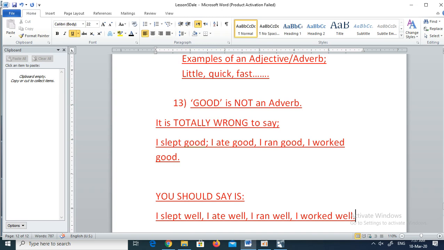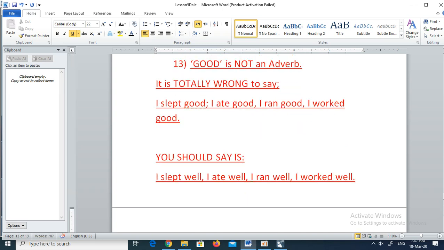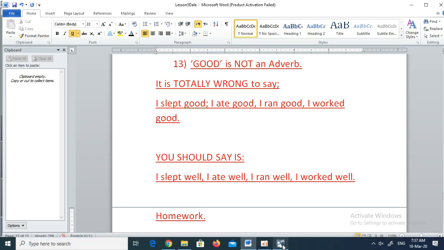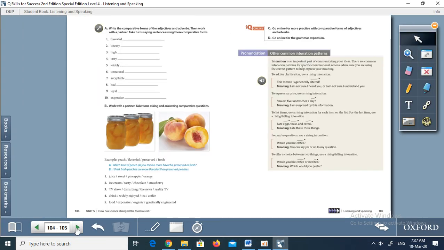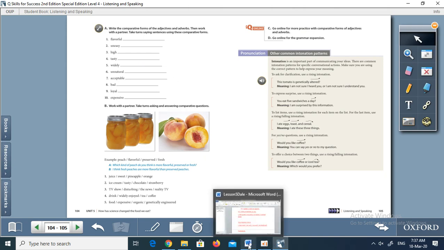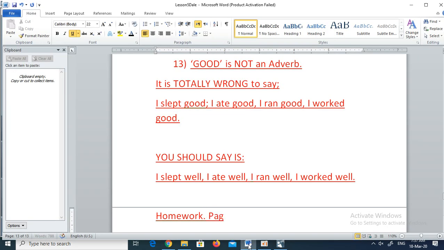All right, we now have to look at our homework. Let us go to page 104. All right. Our homework exercise today is page 104, exercise A. I hope you're all following in the books.